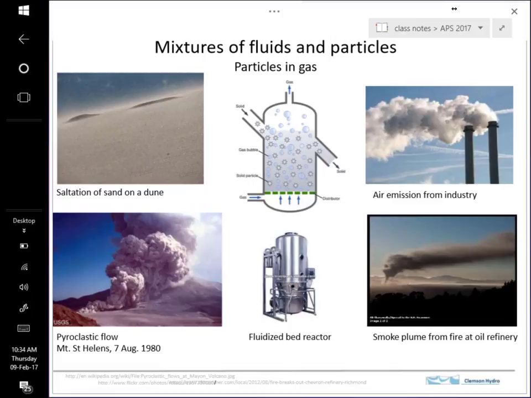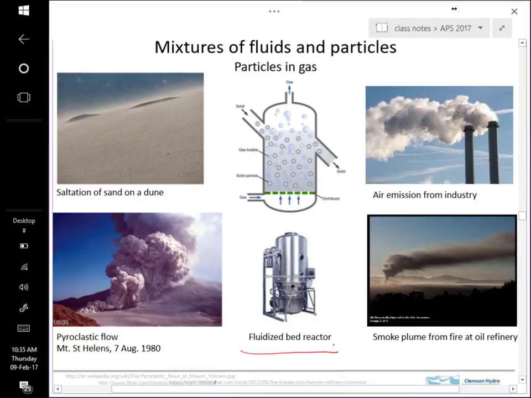Okay, so now this other class of problems where we have mixtures of different fluids or fluids and solids, and we want to analyze how that all works. And here's some different examples from engineering.